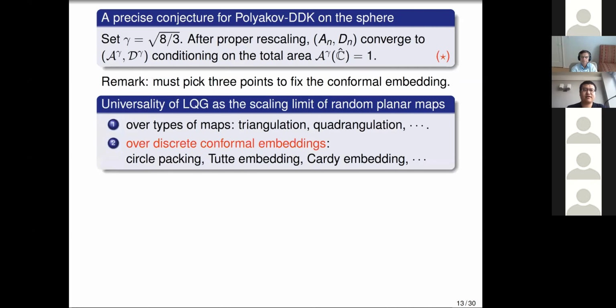Okay, and there's also a notion of universality in these kinds of scaling limit conjectures for random planar maps. One kind of universality is over the type of maps. For example, we have considered triangulation, but we can also consider other types of planar maps. And another, to me more interesting, universality is over discrete conformal embeddings.